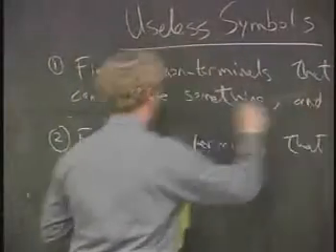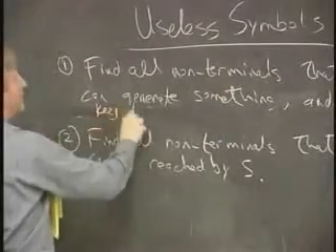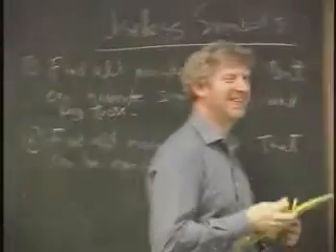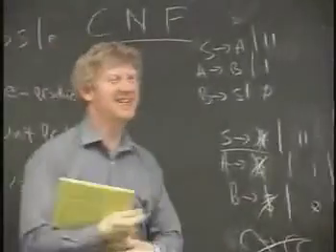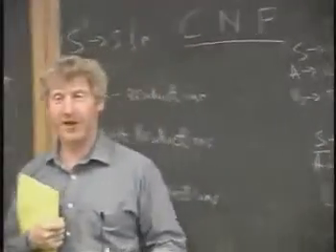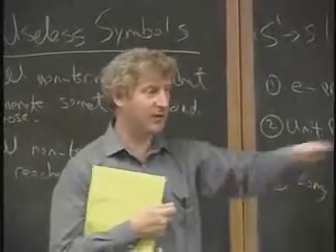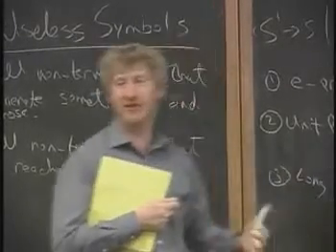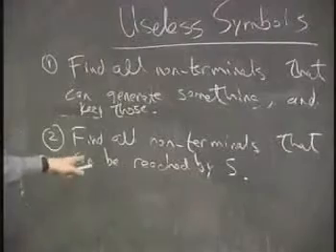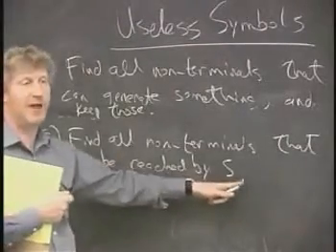What do you do with the rest of them? All the rest of them you get rid of, and any production that they sit in you get rid of. Okay, so it's not just getting rid of it and all its productions, but also any production that it sits in. Like that BC over there would go away. Here we find all the non-terminals that can be reached from S, and we keep them.